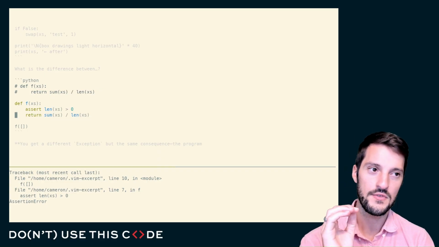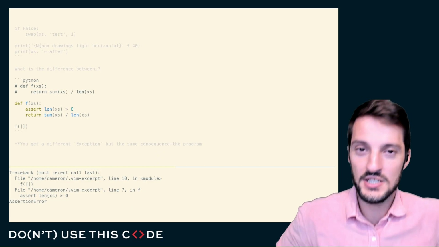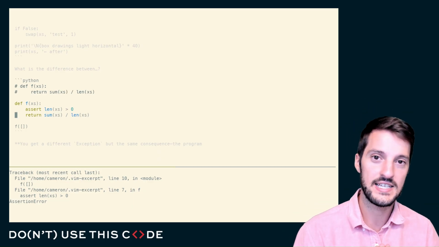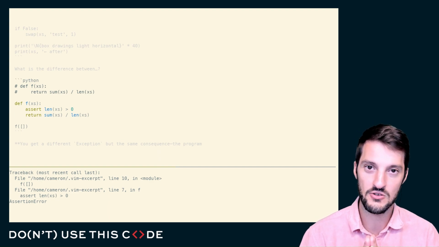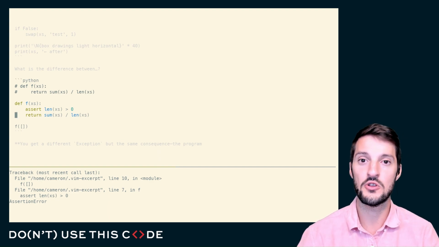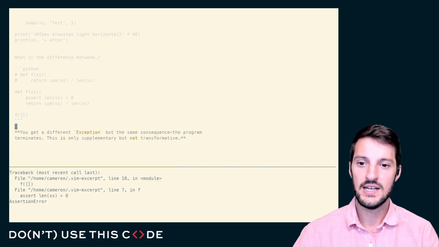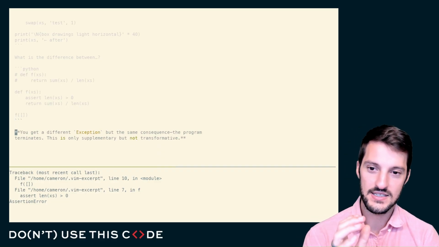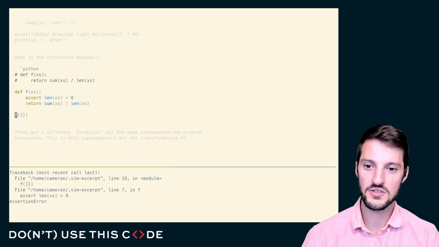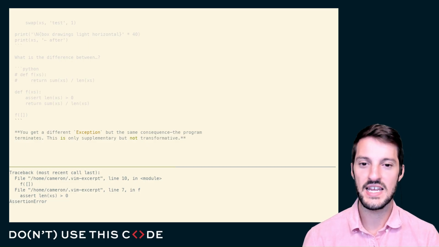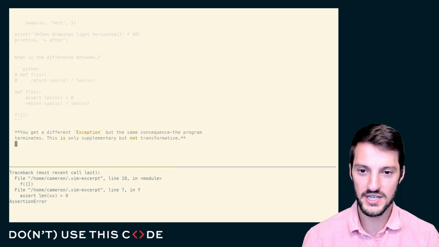One of the powerful features that annotations and type hints will give us is the ability to check our code without actually running it and catching errors early on in the process. And so although you get a different exception in either of these function calls, an assertion error versus a type error, you get the same consequence: the program terminates.